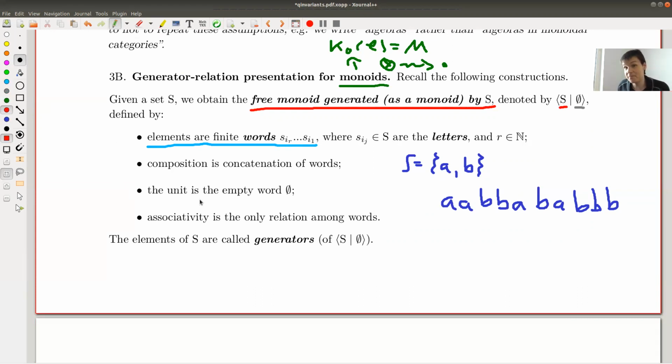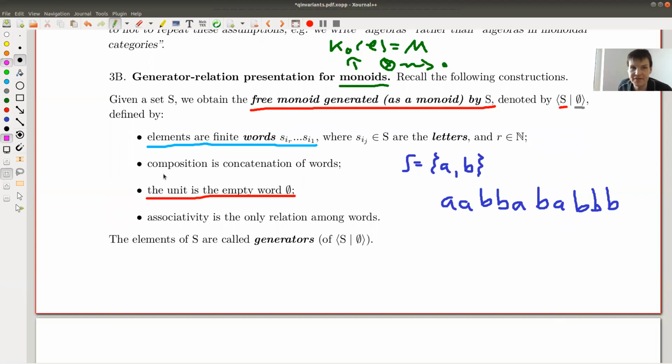There is some funny word, which I always tend to forget, but I wrote it down at least. The empty word is a word, and it will be the unit in my monoid. I could also say, oh, I don't choose any letters at all. I don't like to speak, so I just shut up and don't choose any letters at all. And the question is, how is this a monoid?